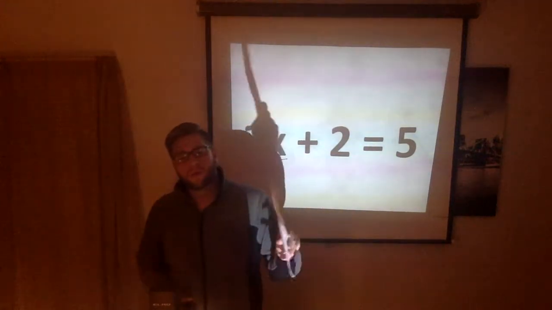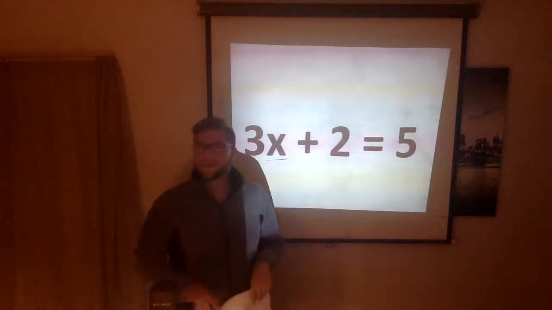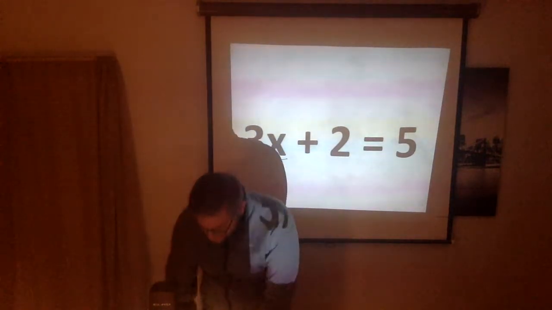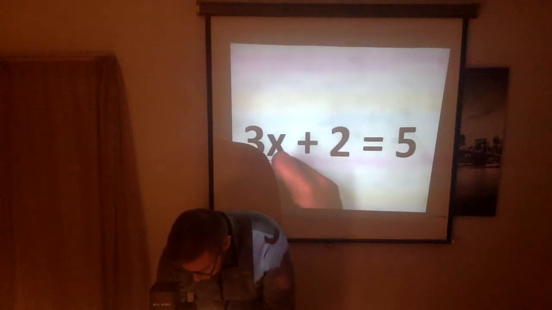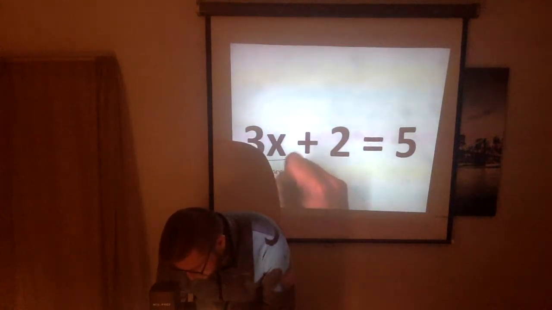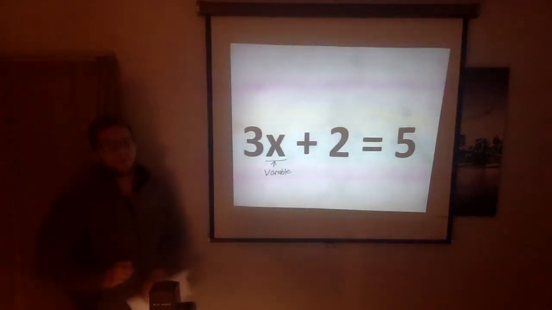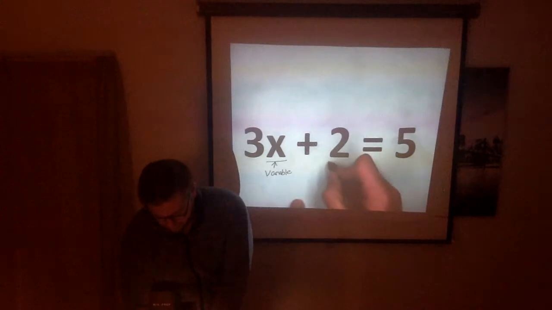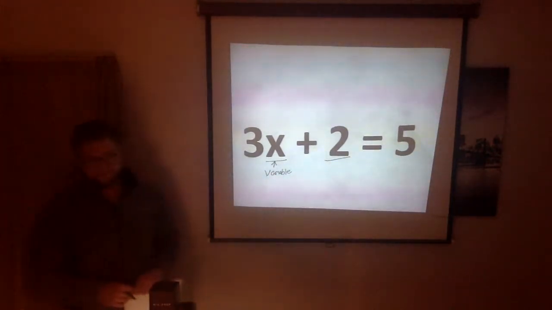Okay, so Savannah, what do you think this x might mean? Nice job. It is the variable. So I'm going to label that there. So then, if that means the variable, what might this 2 represent?